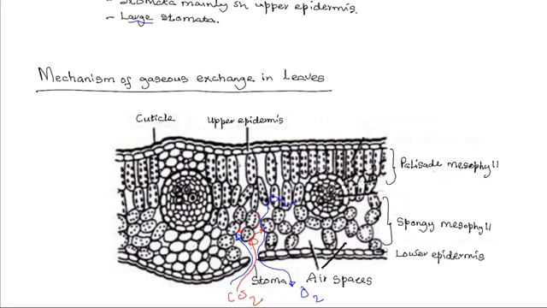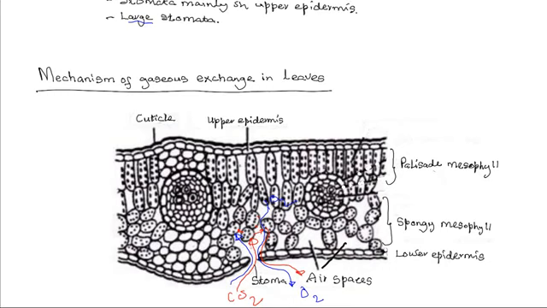Now, since respiration is taking place, carbon dioxide will diffuse out since the concentration in the leaf is higher than the concentration in the atmosphere. So carbon dioxide diffuses out of the plant through the stoma.